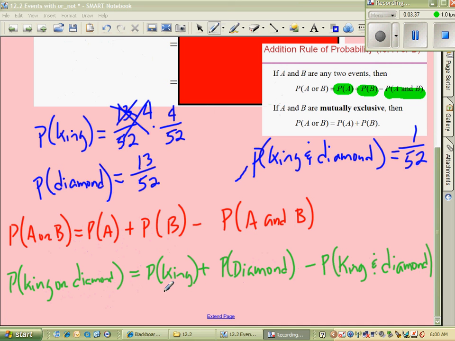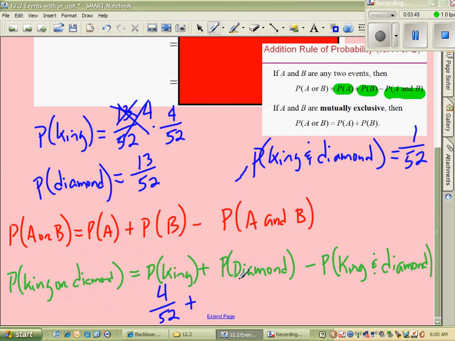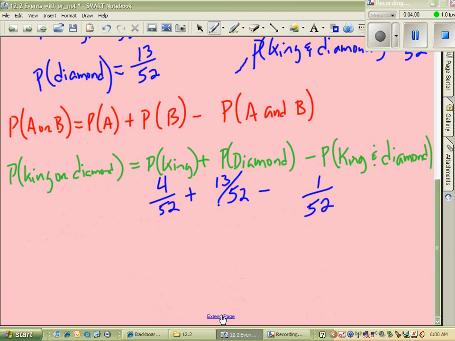being a king, which is, oops, I made the mistake again, which is 4 out of 52, plus the probability of being a diamond, which is 13 out of 52, and we take away the probability of being a king and a diamond. And with that said, we take the 4 plus the 13, and that's 17.